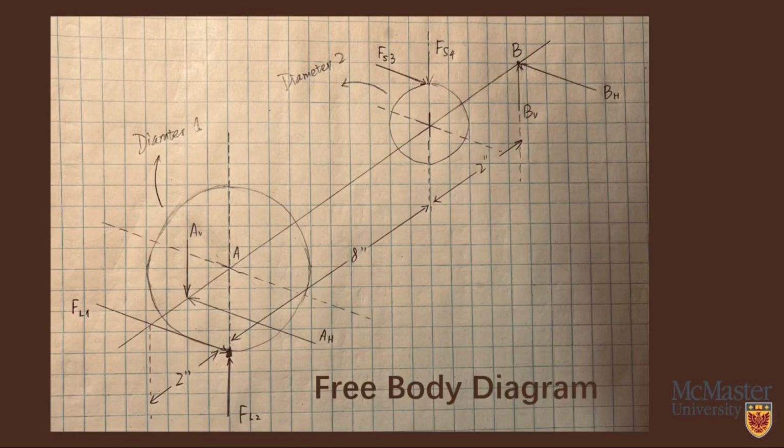We first need to find out the radius of the two gears, and then find out the force acting on the two gears through the force analysis diagram. To facilitate understanding, I named the four forces F large 1, F large 2, F small 1, and F small 2. Finally, there are also four forces at the two support points A and B, namely A horizontal, A vertical, B horizontal, and B vertical.